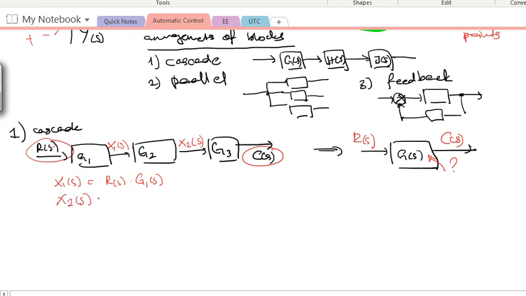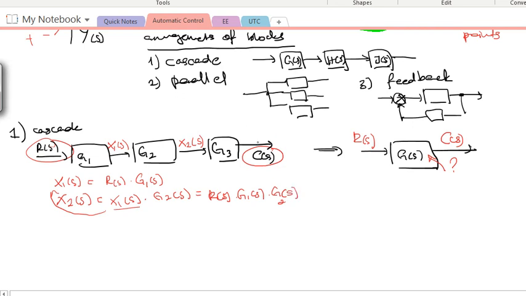We know X2(s) is basically the input, X1(s), multiplied by G2(s). And we know that X1(s), as we've seen here, is basically R(s) G1(s). So it's R(s) G1(s) multiplied by G2(s). So now we have X2.